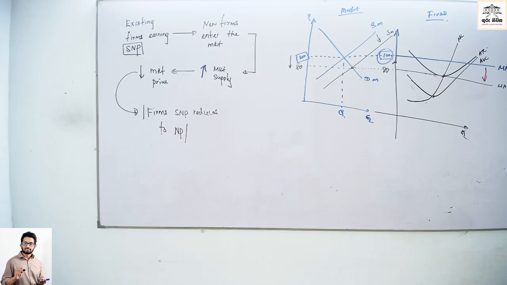Supernormal profit doesn't become economic losses. This is called the firm's long run equilibrium.